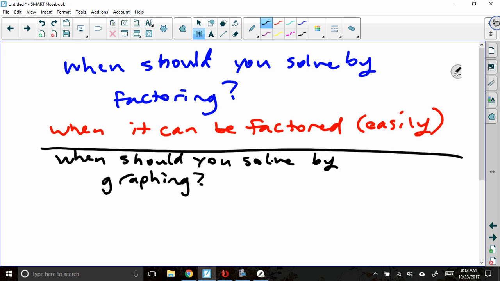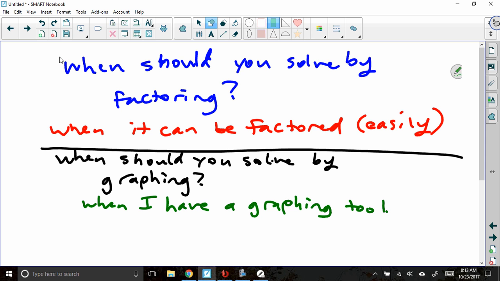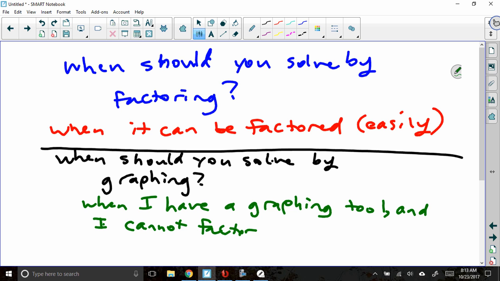And the answer I would probably use is whenever I have a graphing tool, like a TI-Nspire, and I can't factor it.